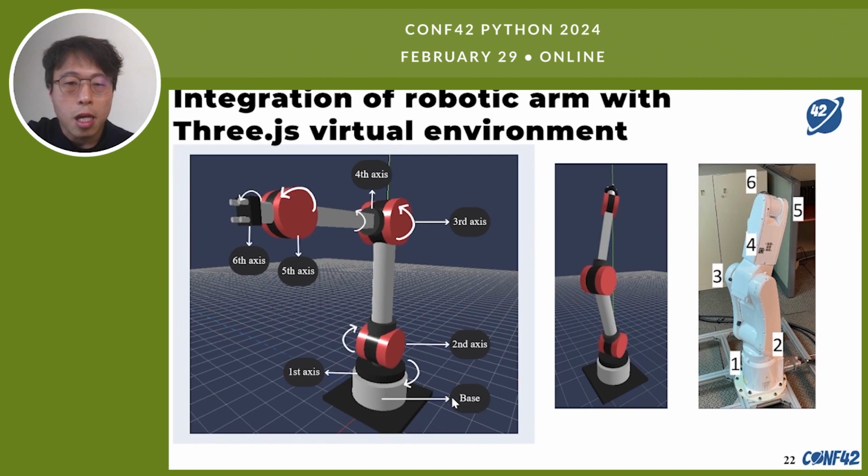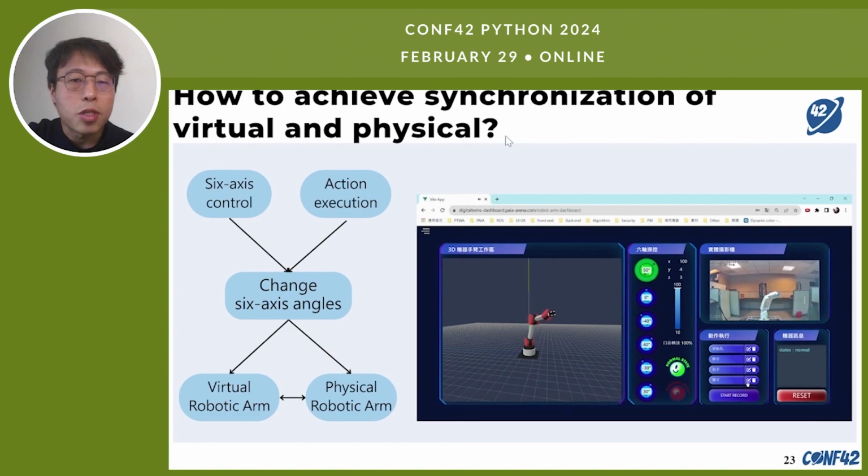So it's a very simple architecture, so we can easily build it in the virtual environment and synchronize each axis to the physical one. Finally, you can see you can control the virtual robotic arm very easily to synchronize the physical one. Okay, so how do we achieve the synchronization of virtual and physical?